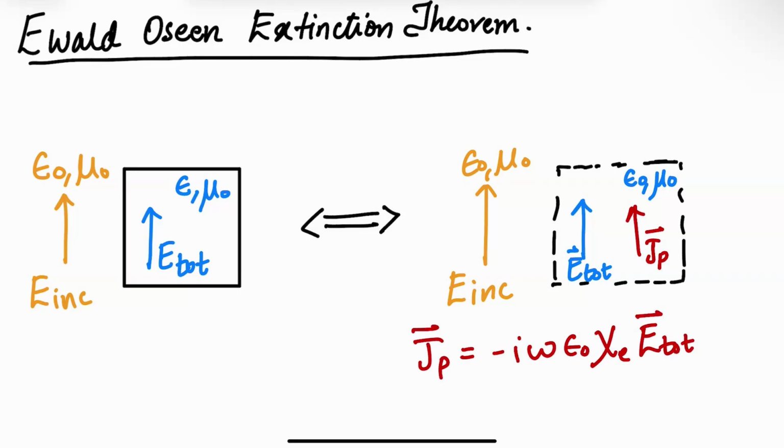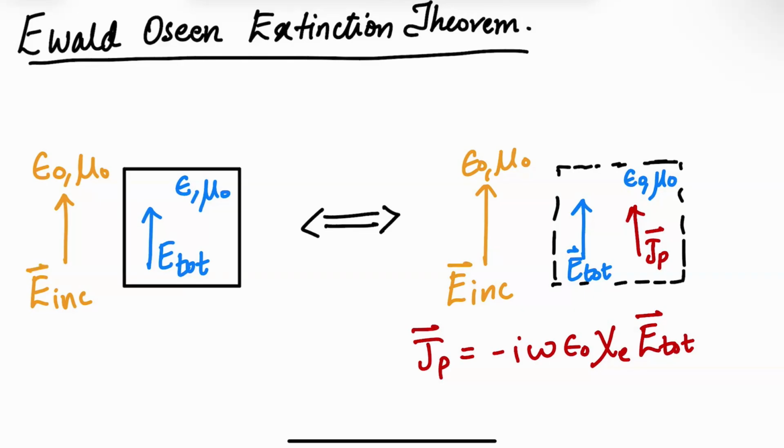Right? JP is a function of E total. It depends on E total, not on the incident field. Right? It's not a causal relationship. It's not like the incident field creates JP. Yes, it does create JP, but the total steady state relationship is between JP and E total, not between JP and E incident. Right?